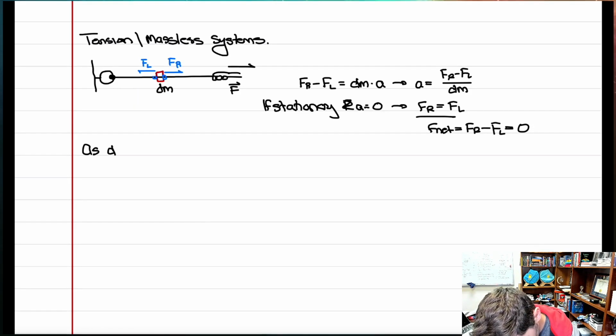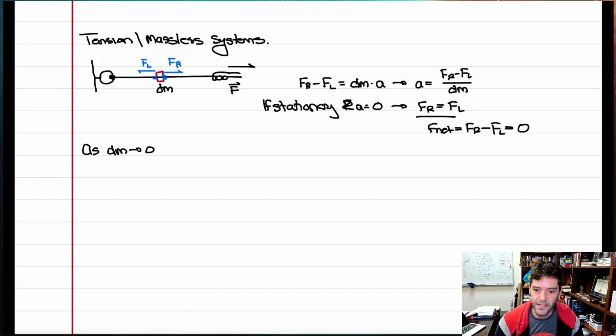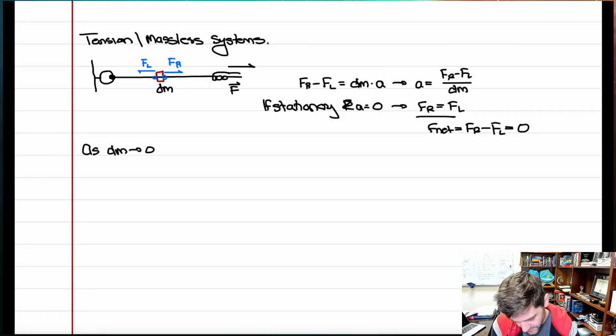But as you let dm go to 0, so now we're going to think kind of calculus-wise, as dm goes to 0 and that thing gets smaller and smaller and smaller, notice what's happening to the acceleration. You can imagine that there's some difference of forces, and maybe they're uniform, maybe they're not, as we let dm go to 0. But as dm goes to 0, that thing's in the denominator of this expression.